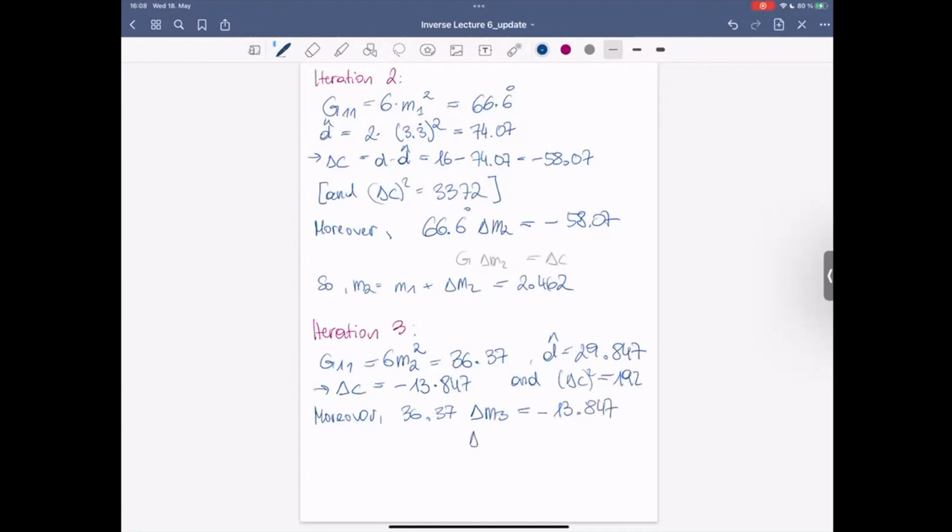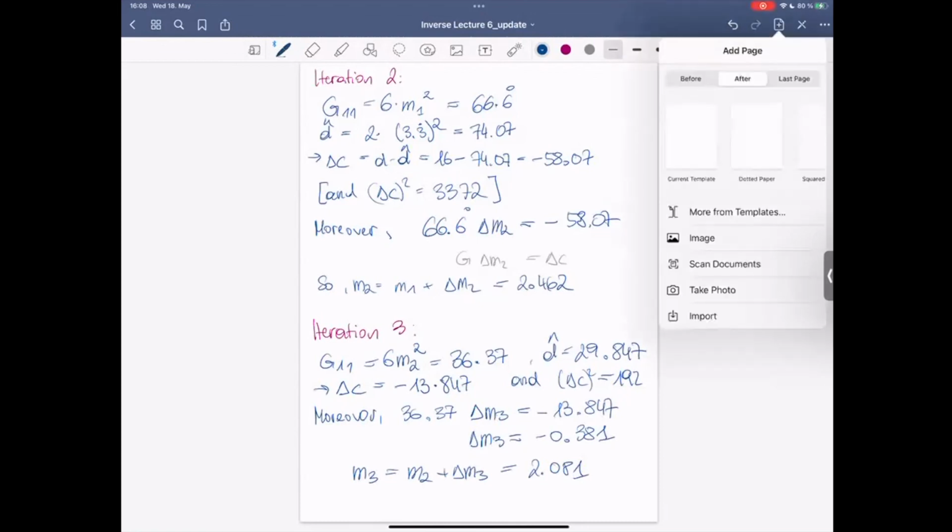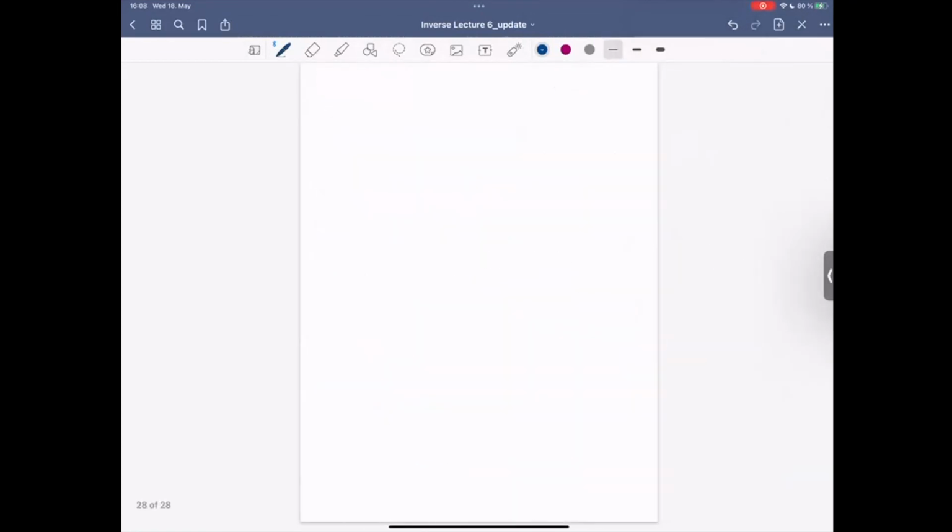So we get for delta M3 minus 0.381. And M3 turns now, M2 plus delta M3, to 2.081. So we're getting closer. We need another iteration.